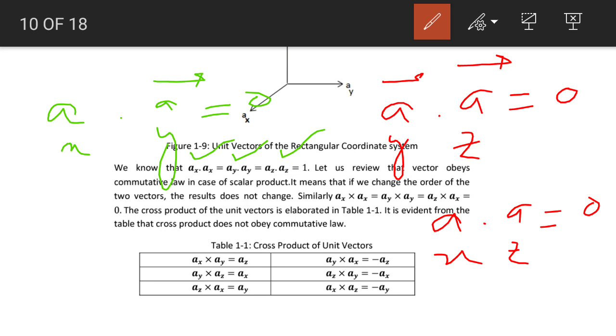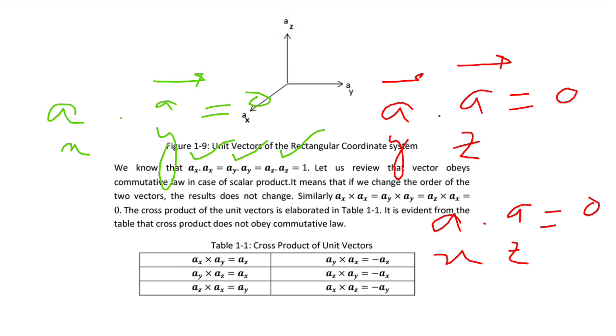So ax dot ax is 1, ay dot ay is 1, az dot az is 1, but ax dot ay results in 0, ay dot az results in 0, and ax dot az results in 0.